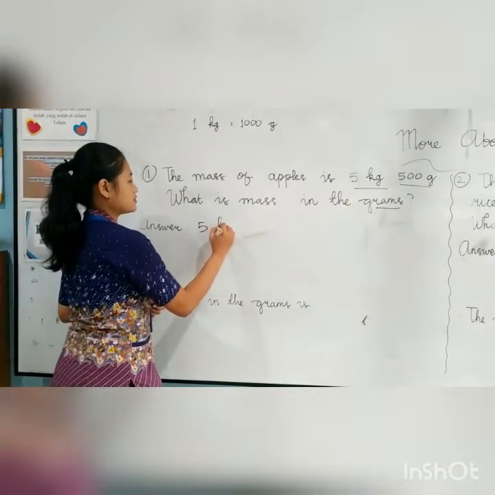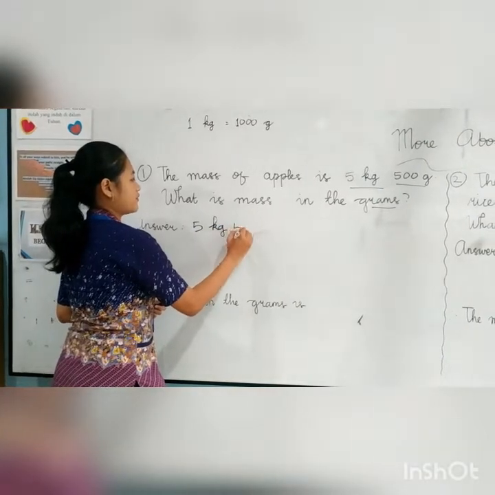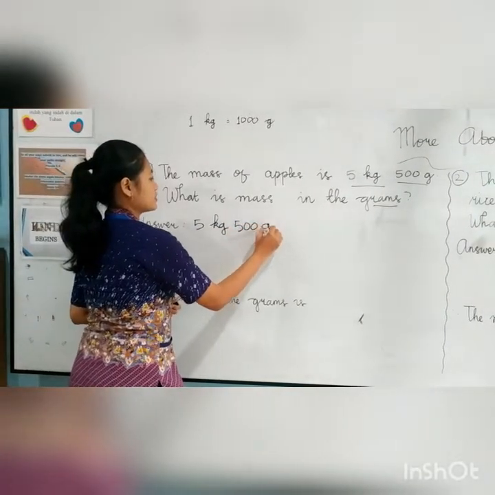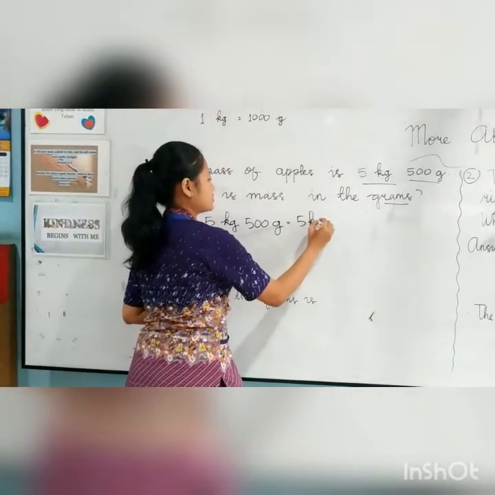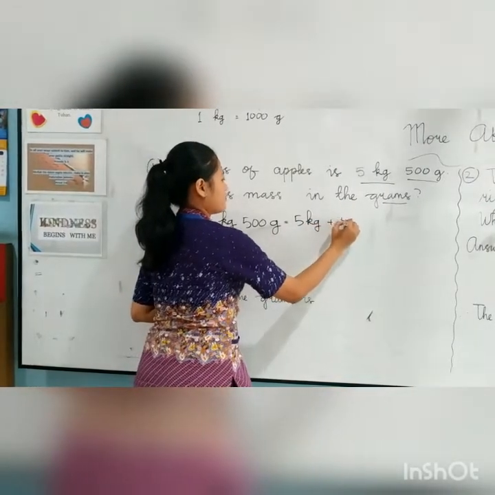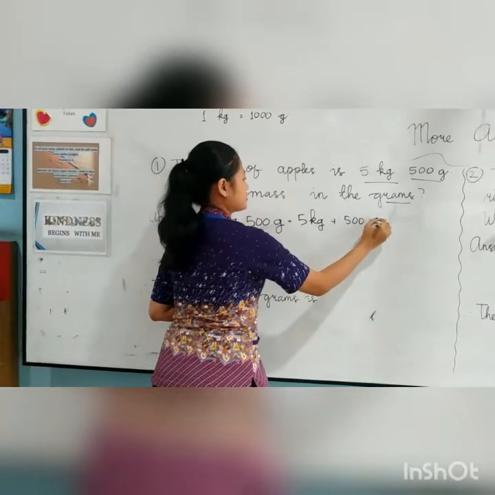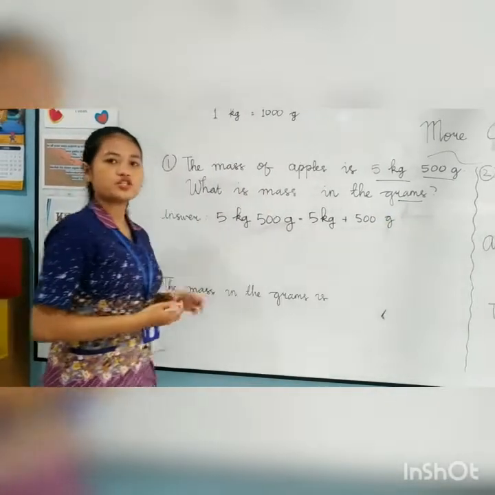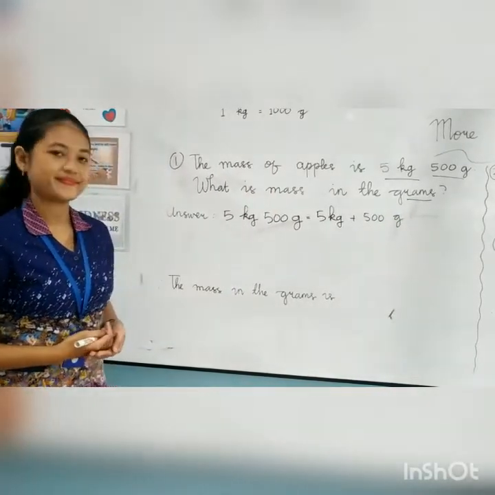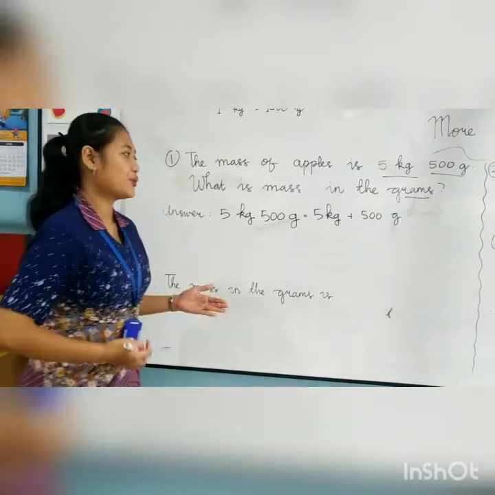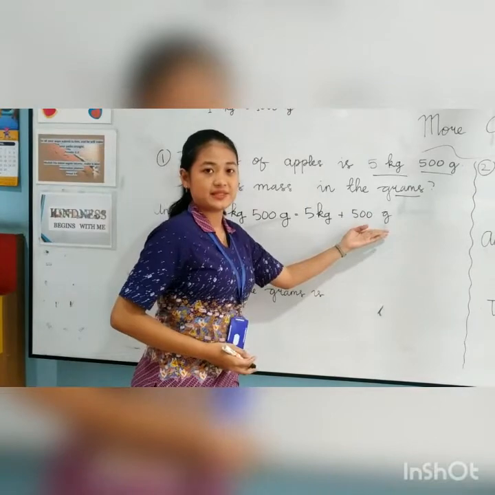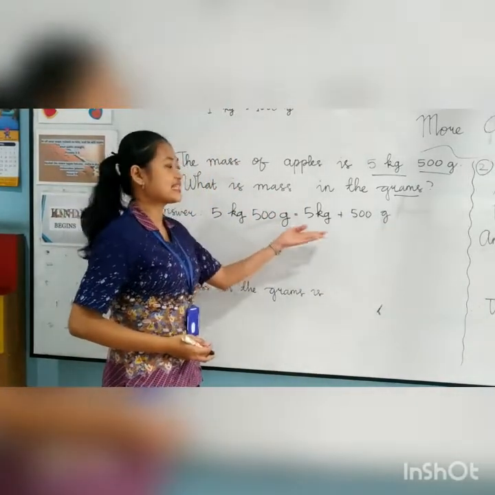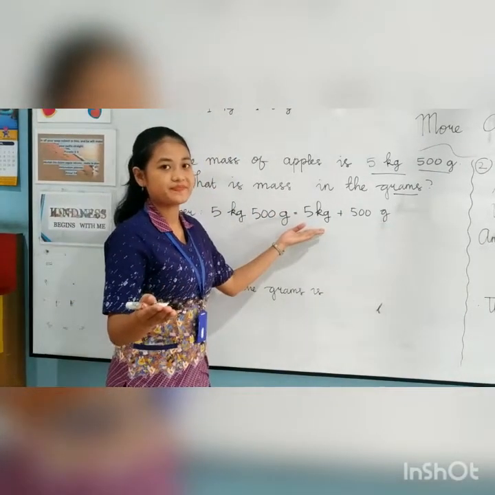5 kilograms 500 grams is equal to 5 kilograms plus 500 grams. We can change the equation to become like that. And now we already know that 500 grams is already in grams, but we must change the kilograms into grams.